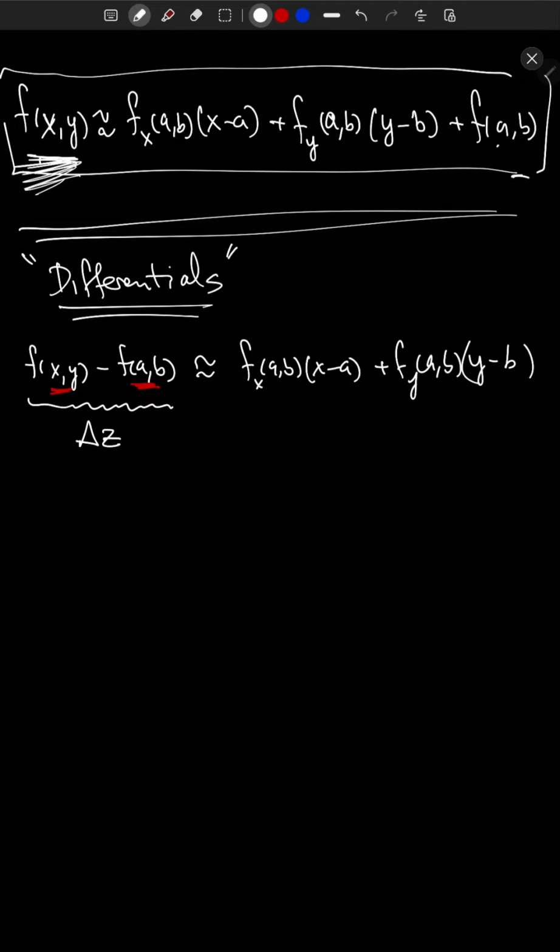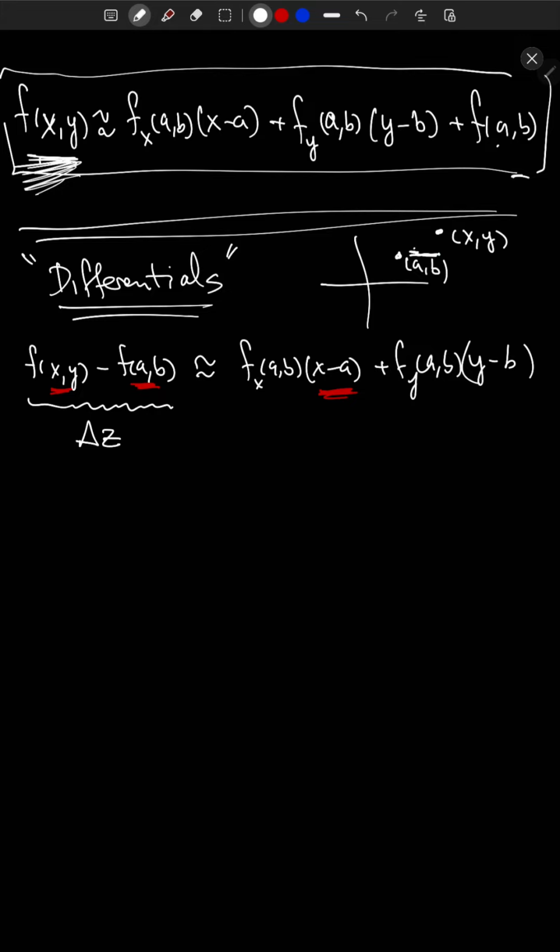Maybe it's more visual. If you think about this term right there, x minus a, that's how much your x coordinate changes as you move from a comma b to x comma y, right? So maybe a picture in your head should be something like this, where our base point is a comma b, right? We're thinking about what's happening at x comma y, where we understand the function less than at a comma b. So this x minus a represents that distance there, right?